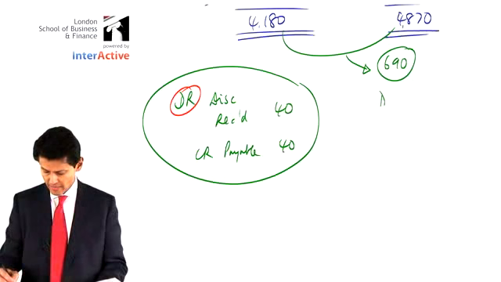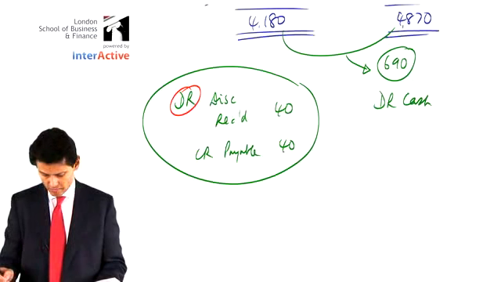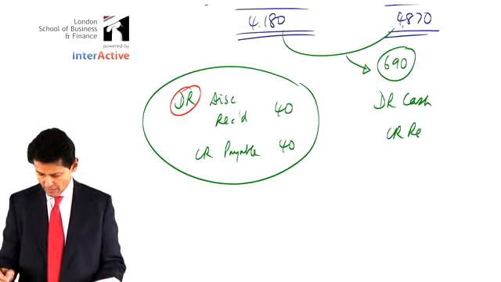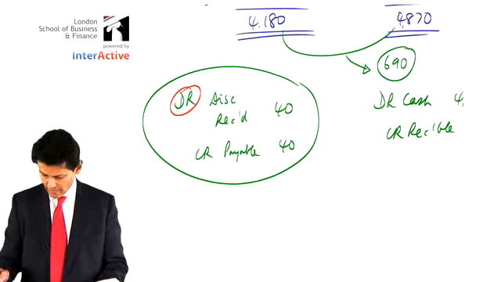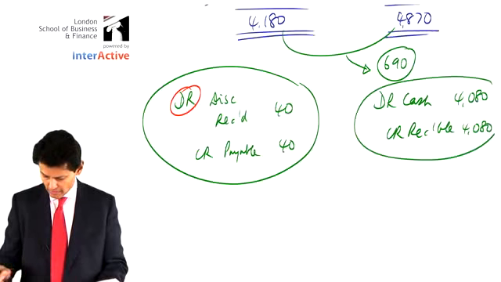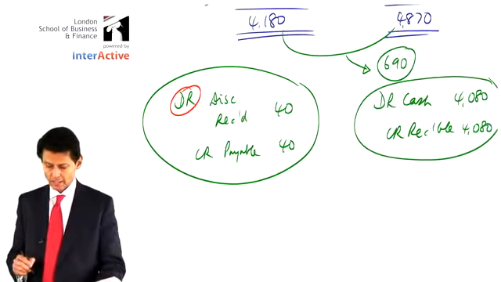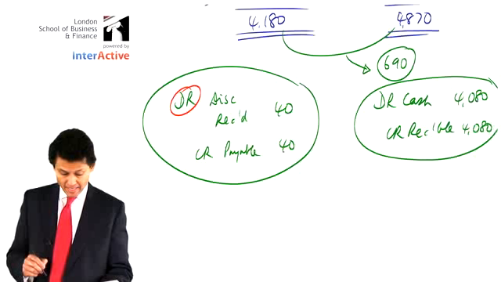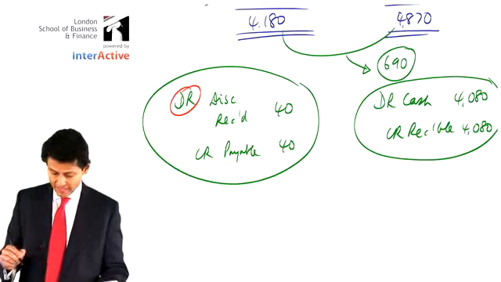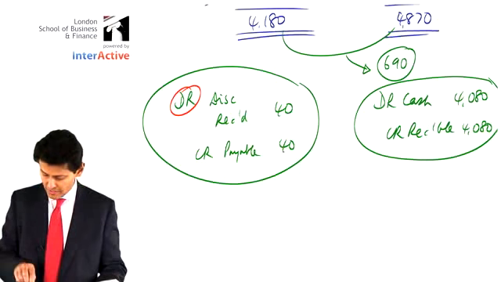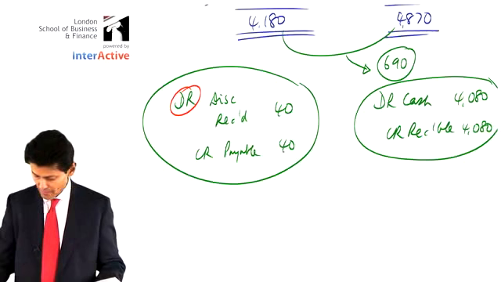Whereas here we could say debit cash or bank and credit receivable. And here it is 4080 and 4080, and that's your little cash receivable. So these are the items that I've chosen to select to show upstairs.